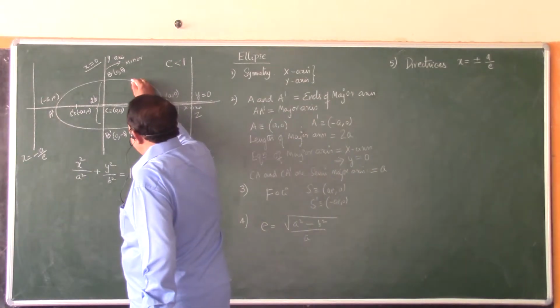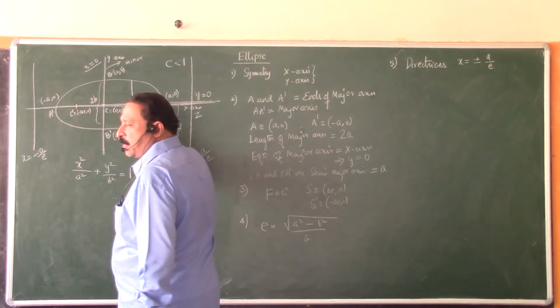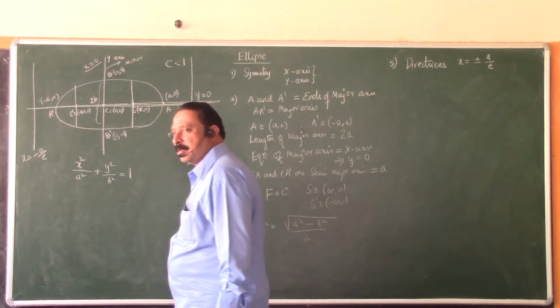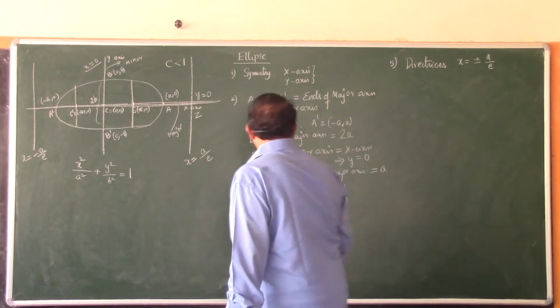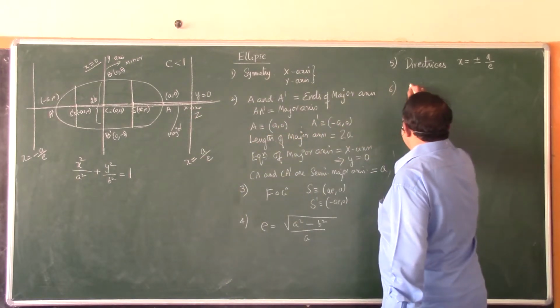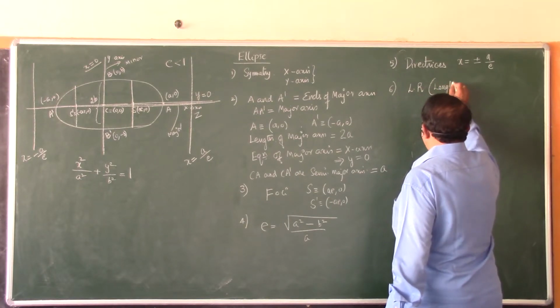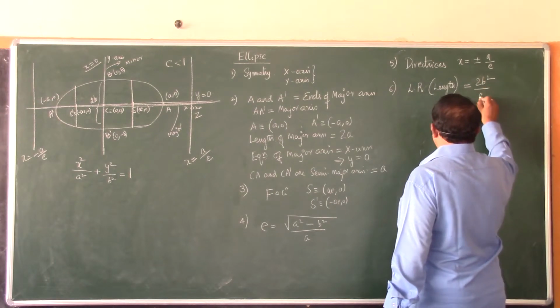Any chord of the ellipse passing through the focus and perpendicular to the axis is called the latus rectum. So the next detail is about the latus rectum. First, let us talk about its length. The length of the latus rectum of an ellipse is 2b square by a.